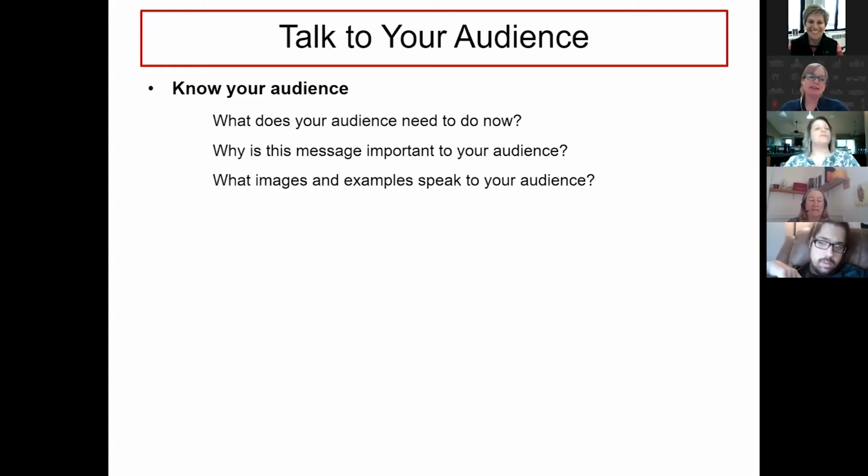We're going to engage and motivate with examples and images if appropriate. So each image should clarify content. You want to place the image near the words that it illustrates. And we want to illustrate a single message.